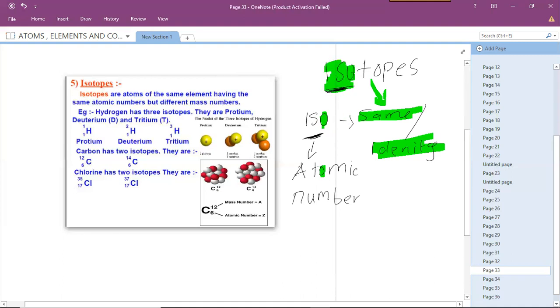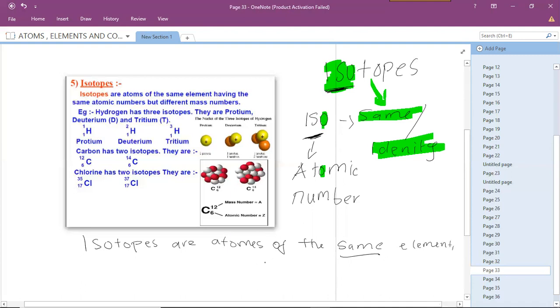Then you see this O on iso, and the O is equivalent to atomic because atomic has an O. So you start your definition: isotopes are atoms of the same element.